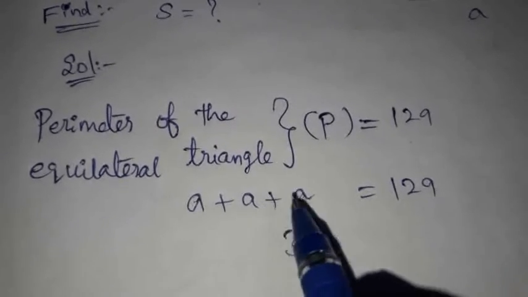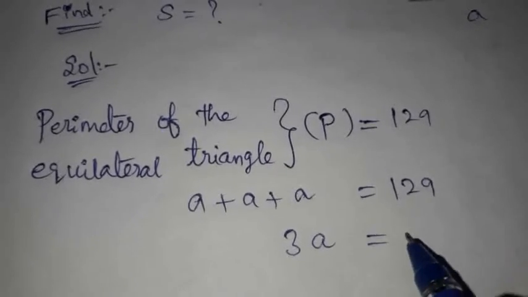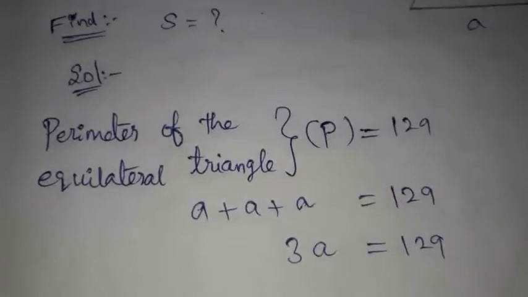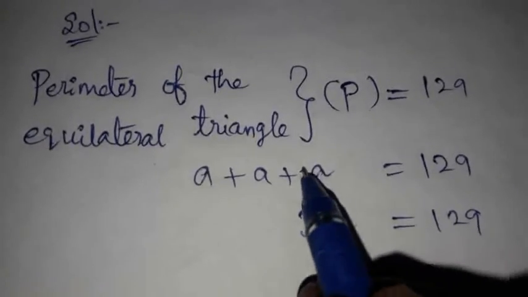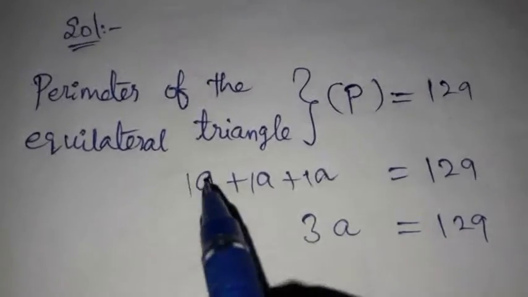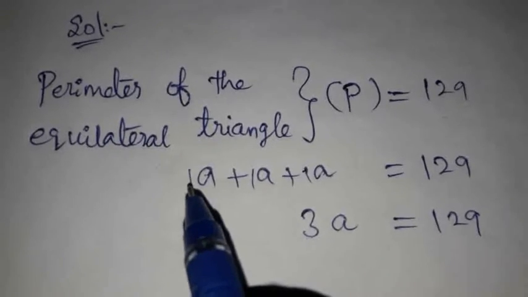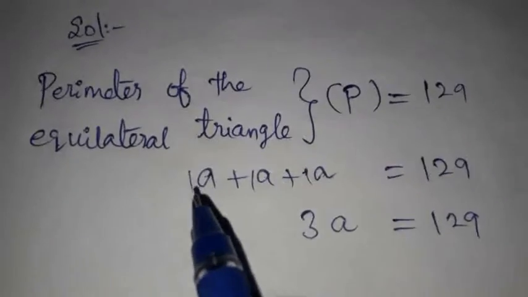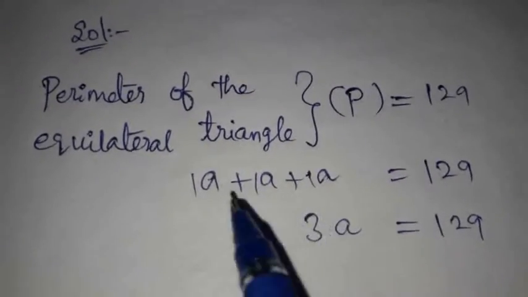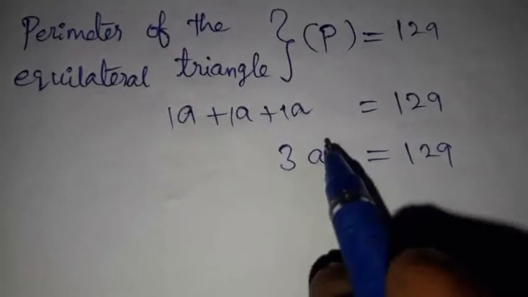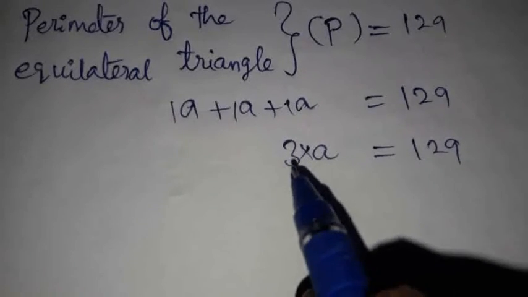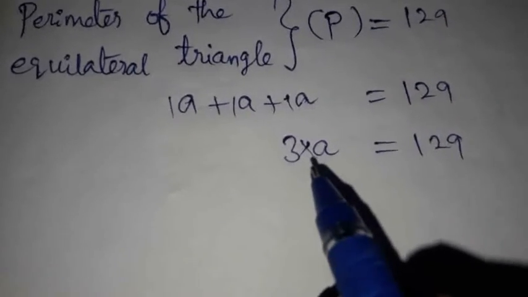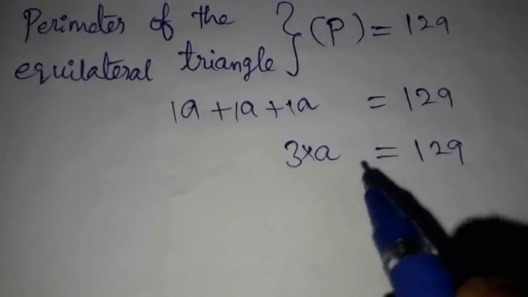A plus A plus A equal to 3A. 3A equal to 129, because in every A it has a coefficient 1. If you add 1 plus 1 plus 1 equal to 3. So 3A. Here 3 is in multiplication. We are going to transpose this to the right hand side. So it will become division.